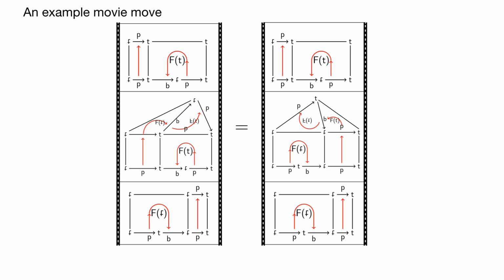On the left-hand side of the movie move, to get from the bottom still to the next still, we perform a saddle move. To get to the top still, we perform a cusp. On the bottom, we perform a cusp, stretching that arc on the right to twist above, and then we perform a cusp to get to the top picture.